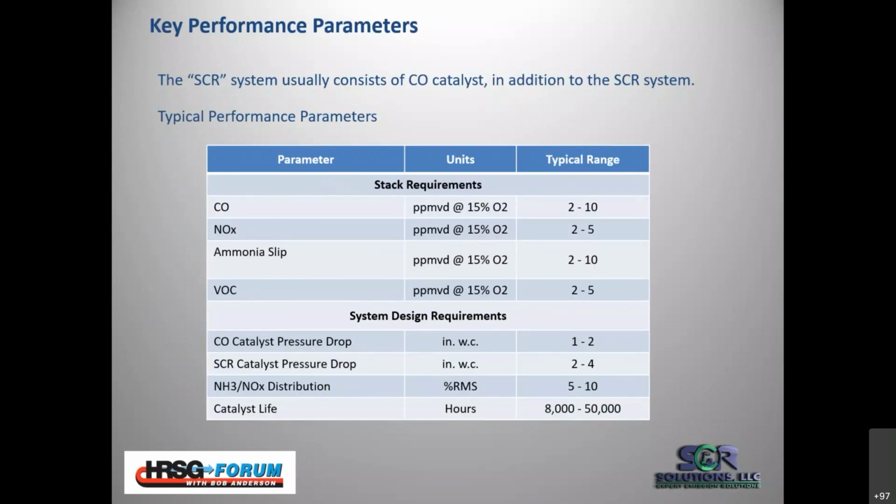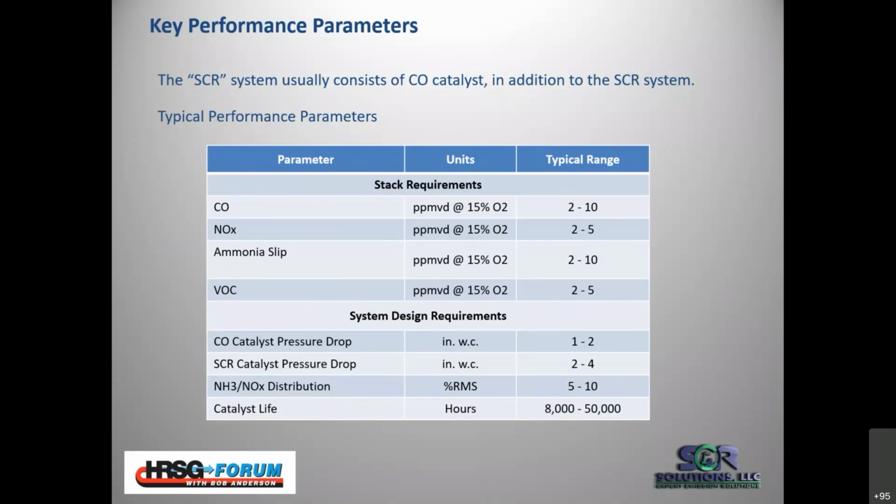Now, in terms of typical ranges in performance requirements, it varies all over the place from state to state, utility to utility. Worldwide, there's an amazing range of parameters. But typical for CO can range anywhere from 2 to 10 parts per million, NOx 2 to 5. The newer units, of course, are going to be on the lower side.